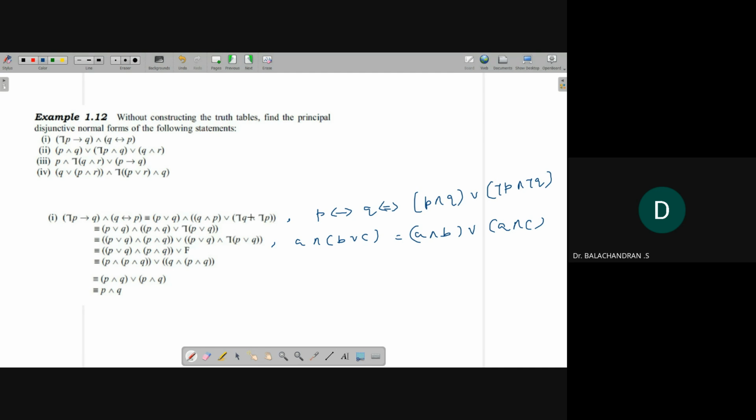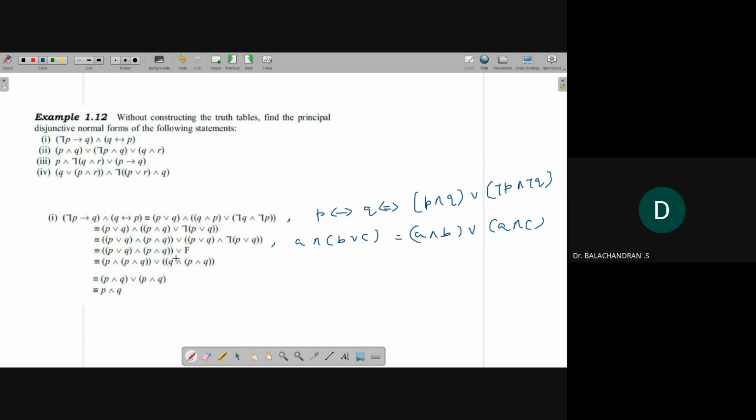So that's why they are taking negation outside. If you apply the distributive law, this is false. Here you have P or Q and P and Q.